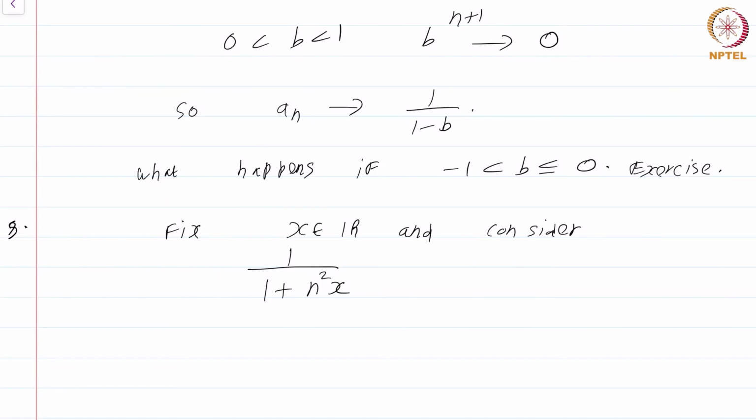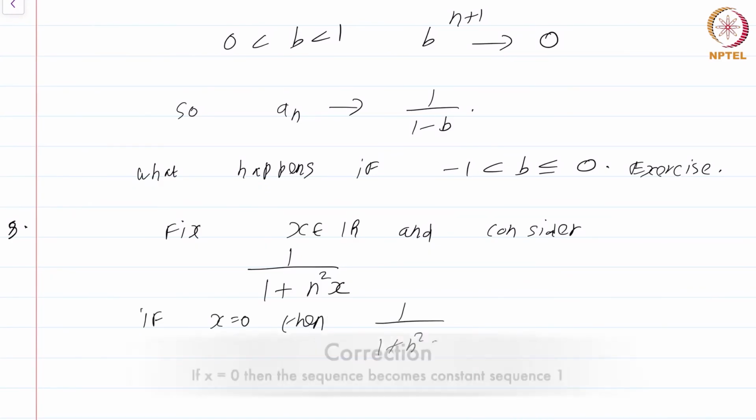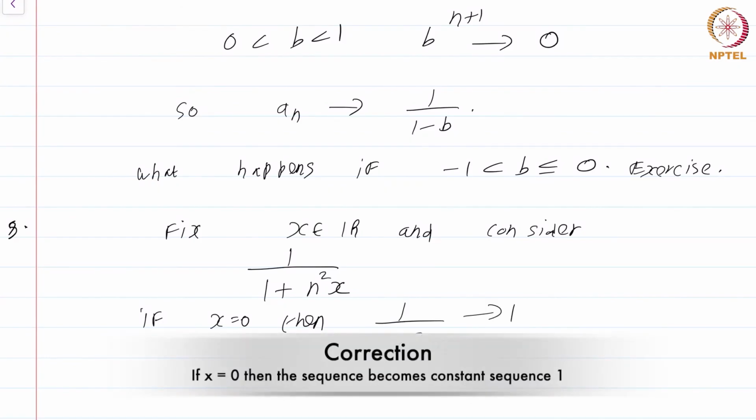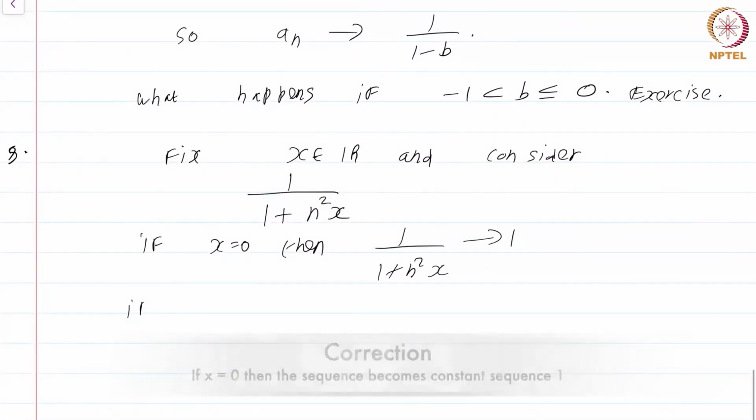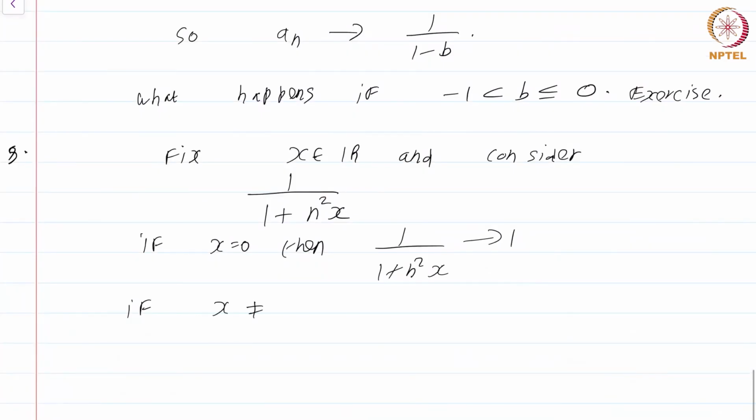Okay. What do I do with this? We want to show that if x is 0, then 1 by 1 plus n squared x converges to 1. There is nothing to show because this will just become 1. Now, if x is not 0, then 1 by 1 plus n squared x converges to, as you can guess, 0.